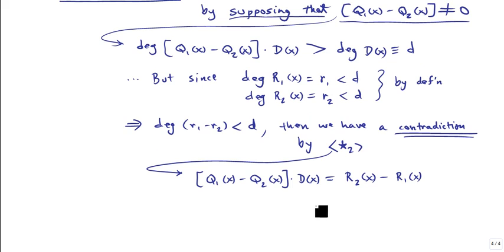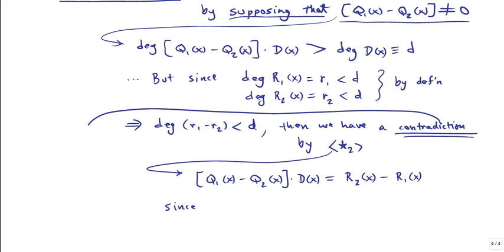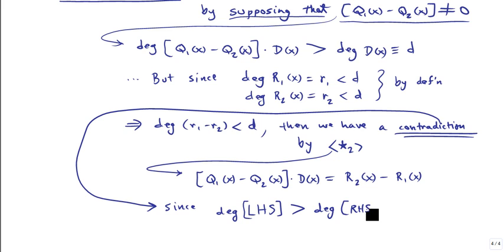So I'm having a contradiction here, since this would mean that the degree of the left-hand side has to be greater than the degree of the right-hand side, which can't be.